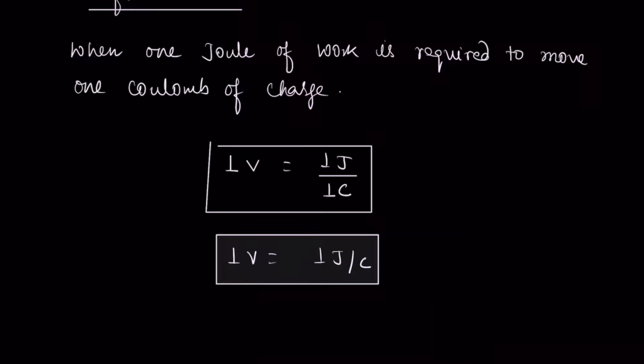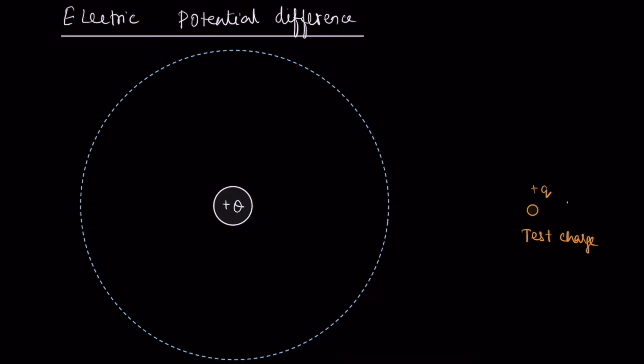So how can we define electric potential difference? If a test charge is present at infinity and it reaches the point A, at that time the potential is VA.